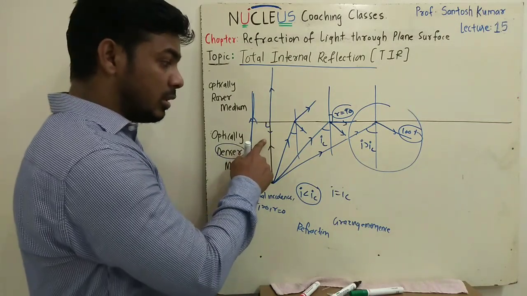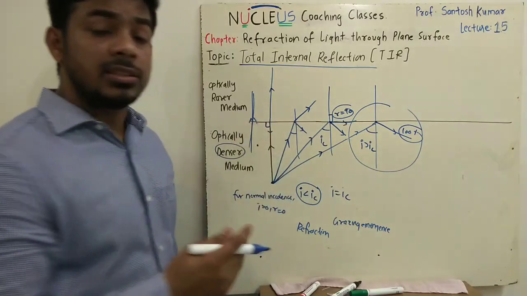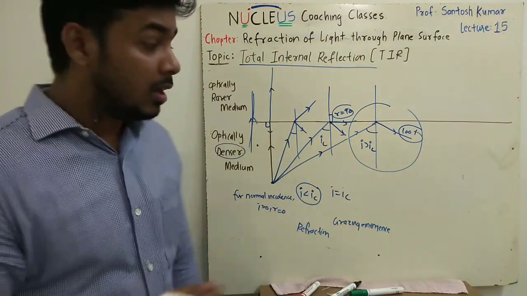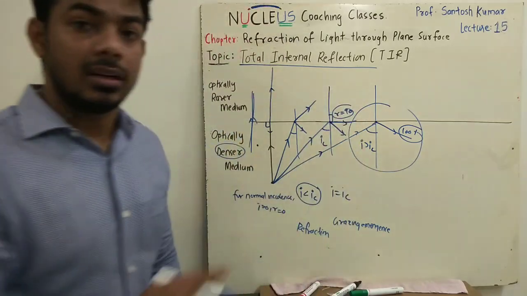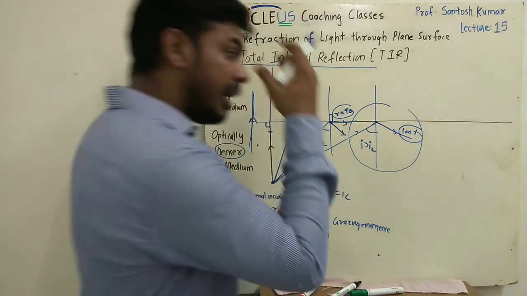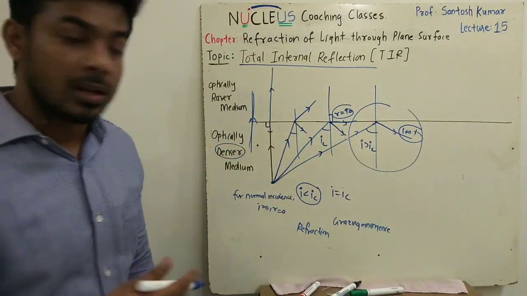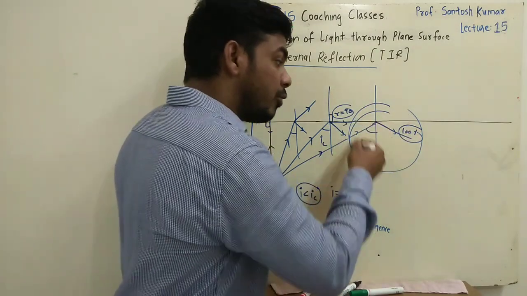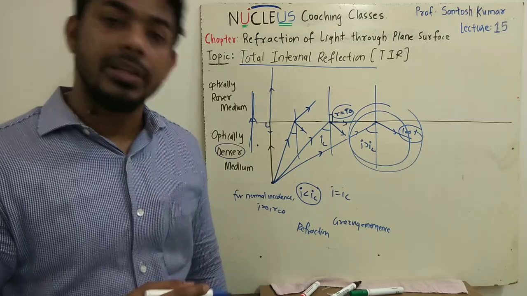Here reflection occurs, here reflection occurs, here reflection occurs, but these were partial reflections. But when the angle of incidence is more than critical, the entire ray gets reflected back into the denser medium. So only in the fourth case will the total internal reflection phenomenon take place.